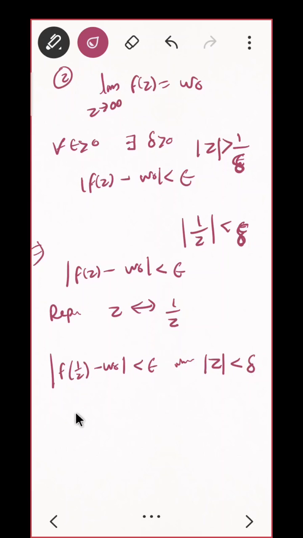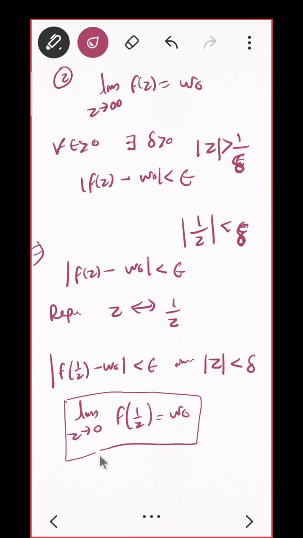Correct. And what do you mean by that? That means limit z tending to 0 f of 1 by z is equal to w naught. Hence proved. It flows with the definition if you understand the definition properly.